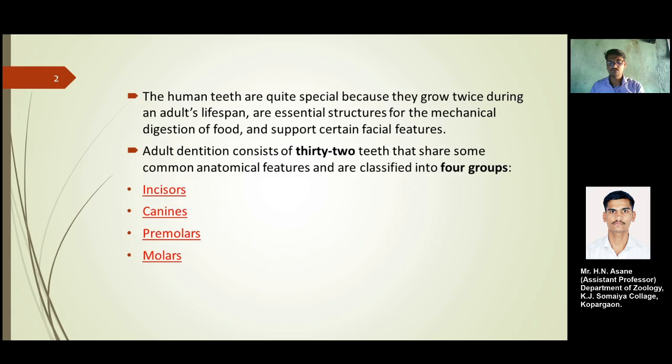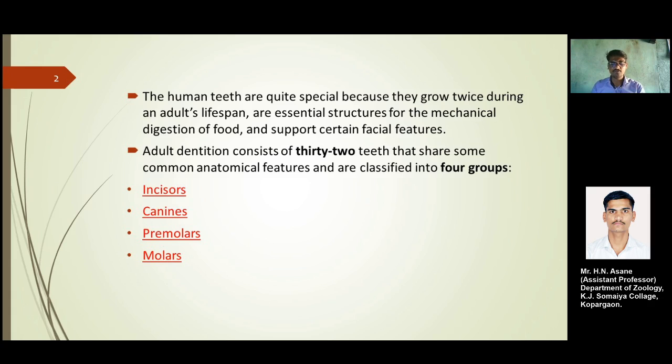Hence mammals are called diphyodont, that means they have two sets of teeth in their lifespan.